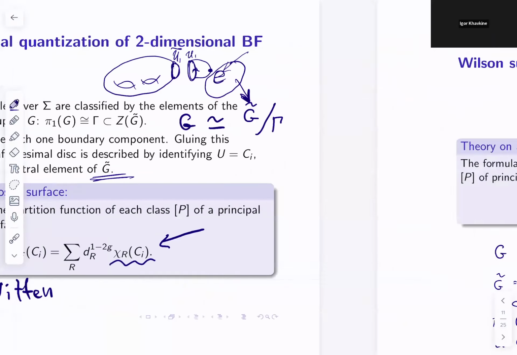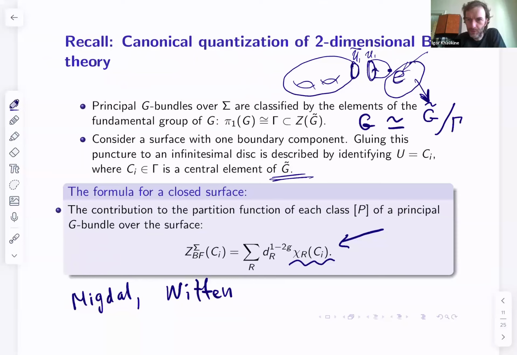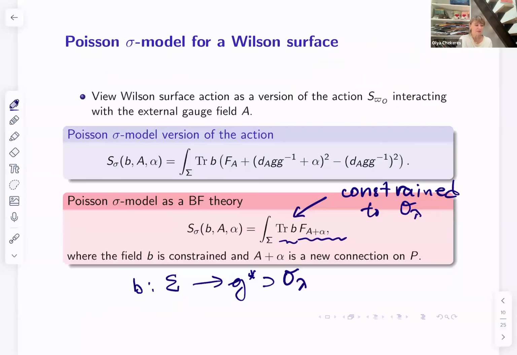Sorry, can I clarify at this point? So you're now taking this two-dimensional field theory on the Wilson surface, and... Not yet. This is just BF theory. This is just a reminder of how quantization works for two-dimensional BF theory. But now, since the Wilson surface is defined as a BF theory with certain constraints.